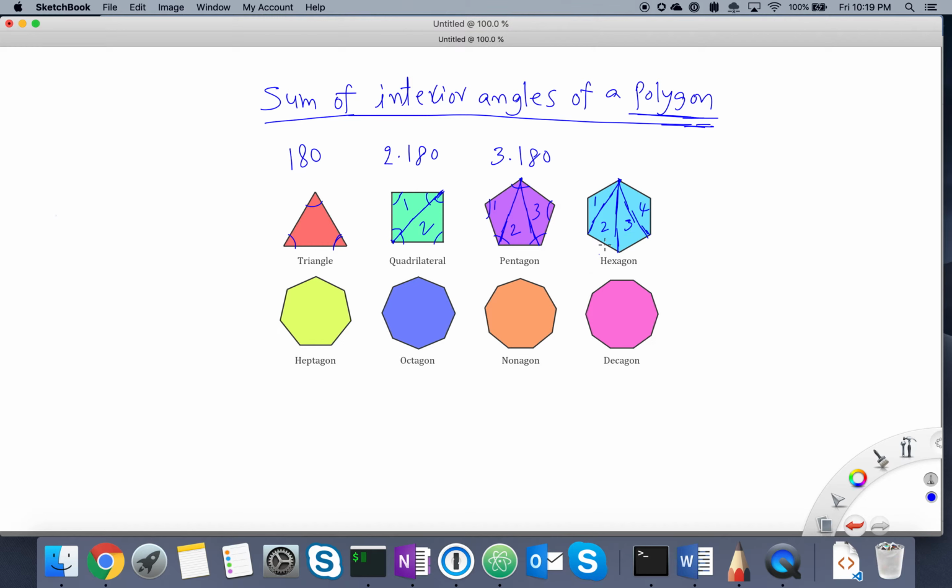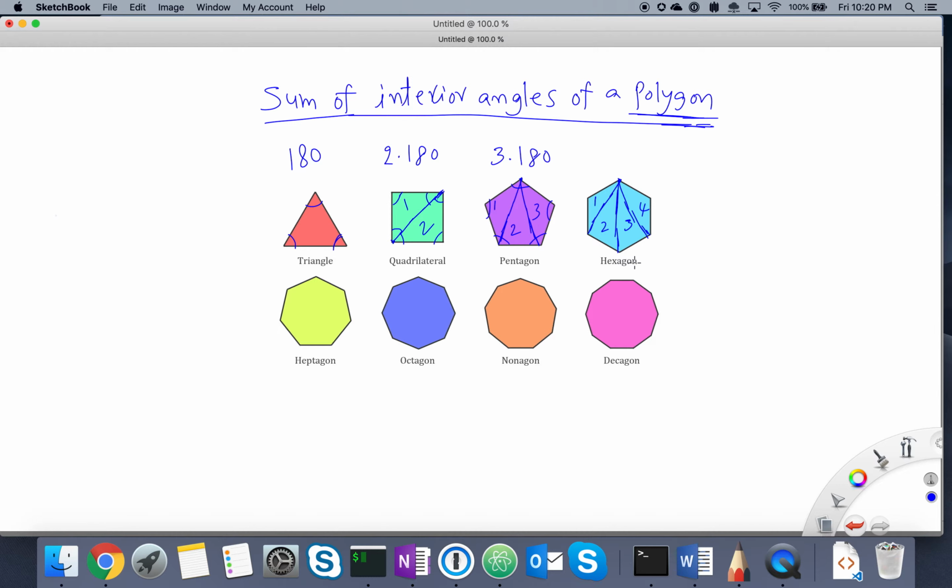Now let's see if we are making a pattern here. We broke this into 4 different triangles, and we know 4 times 180 is the sum of interior angles of this hexagon. How many sides does a hexagon have? 6 sides, you're right.